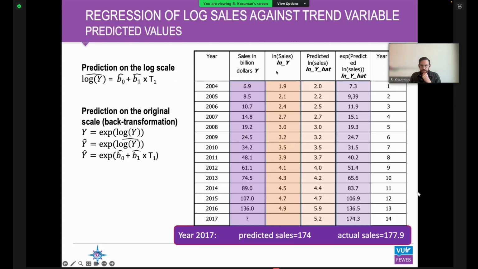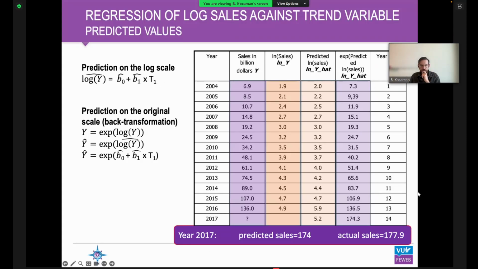Again, looking at our data, we have sales, log transformed sales, and then we make a prediction of this log transformed sales with the model that we estimated. And here you see the results of that. Basically, this is plugging in the trend variable into the model equation, the fitted regression line.